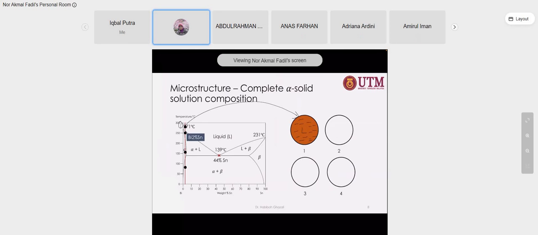Let's say temperature 2 is equal to 250 degrees Celsius. What is the phase present at point number 2?